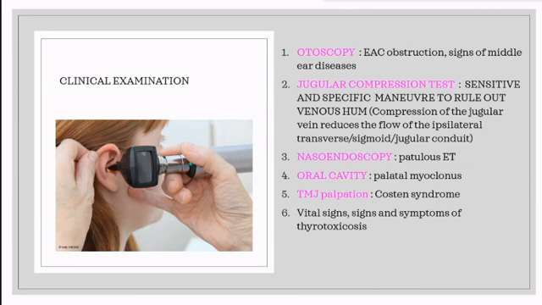Sometimes when a patient has muscular disease that causes contraction of the muscles of the soft palate, it can be transmitted into the ear as tinnitus. And also, is there any temporomandibular joint disease, like Costen syndrome especially?